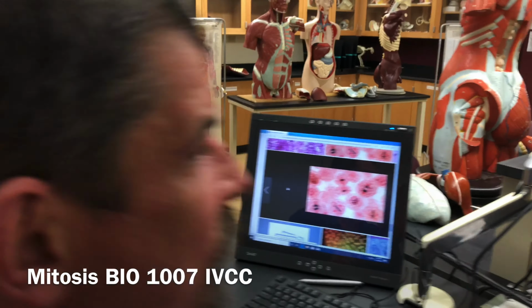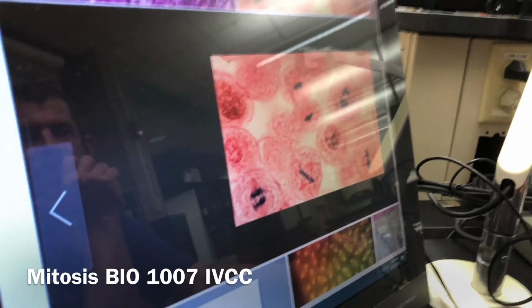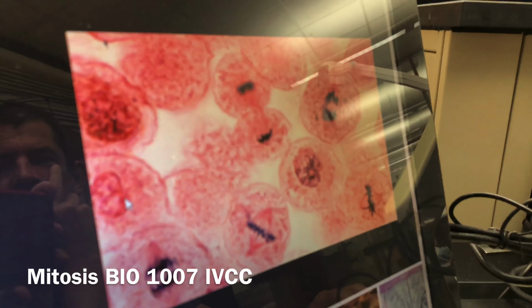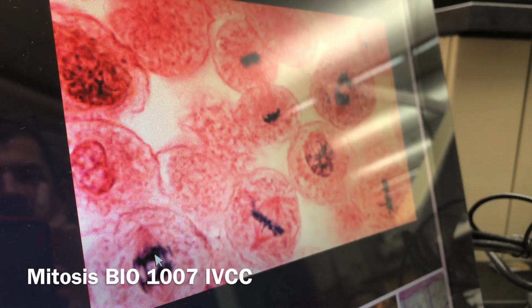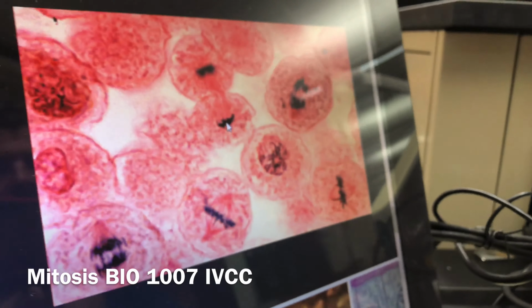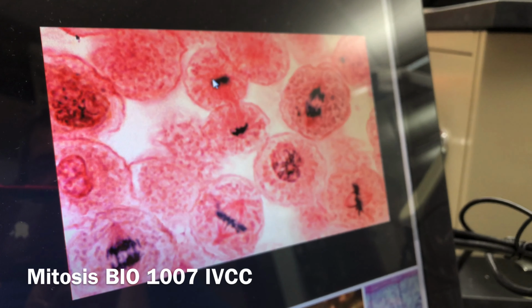When we first start looking at the stages, we have this cell right out here, and we can see a nucleus right here, but we don't see anything else. If we look at these other cells, we can see these dark black heavy structures right here. These are the chromosomes.